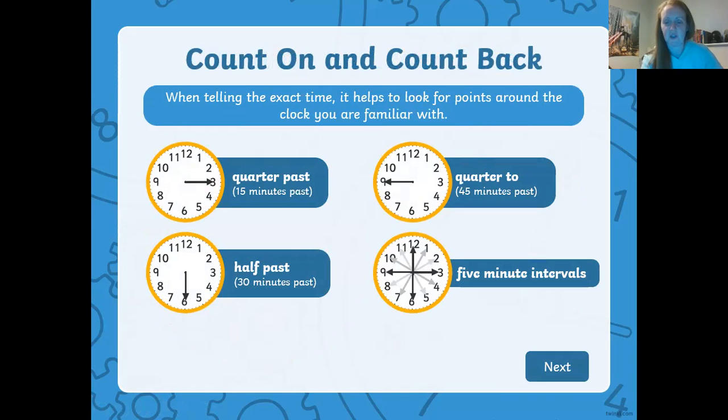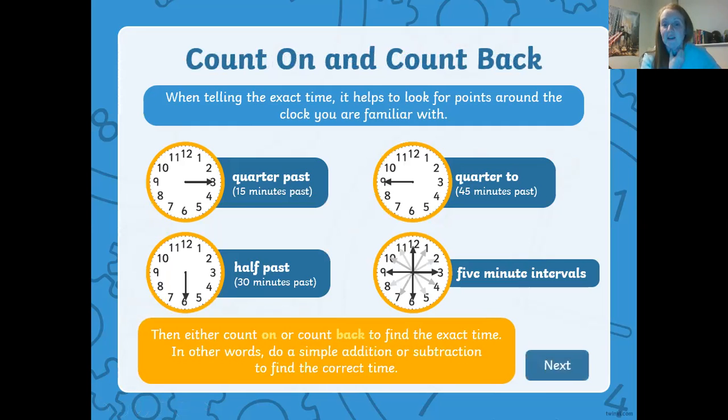So if, for example, the minute hand was pointing somewhere on this clock, you wouldn't have to go all the way around and go 5, 10, 15, 20. You know that when it's pointing to the 6, it's 30 minutes past. So you could just go 30, 31, 32, 33, 34, for example. So just using what you know about the clock to find out those minute intervals.